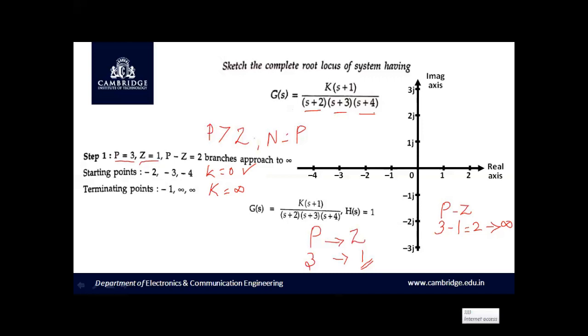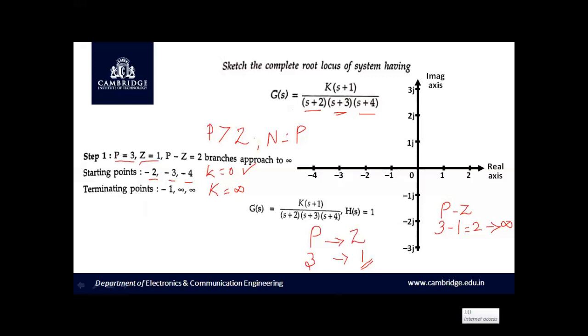As we have 3 poles, we get the location of a pole at s plus 2 equal to 0, that is s equal to minus 2. Then s plus 3 equal to 0, we have a pole at s equal to minus 3. Then equating s plus 4 equal to 0, we get the location of the pole at minus 4.